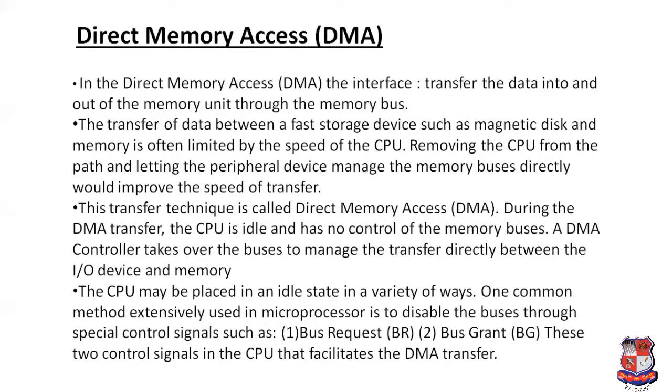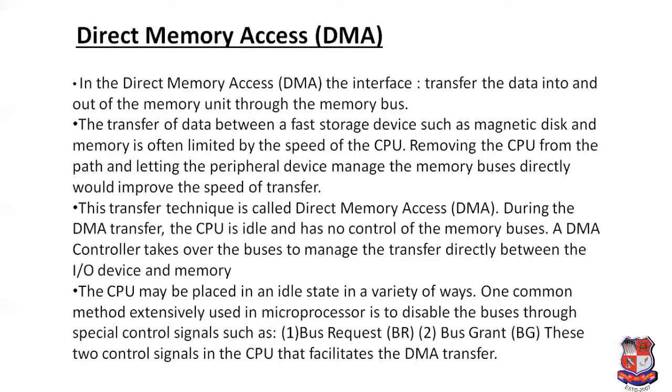During the DMA transfer, the CPU is idle and has no control of the memory buses. A DMA controller takes over the buses to manage the transfer directly between the IO device and memory. The CPU may be placed in an idle state in a variety of ways.